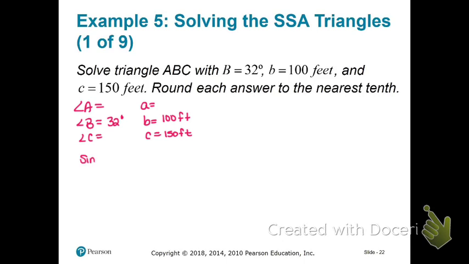So we got sine of 32 degrees over 100 equals sine of angle C over 150. So let's cross multiply and divide.